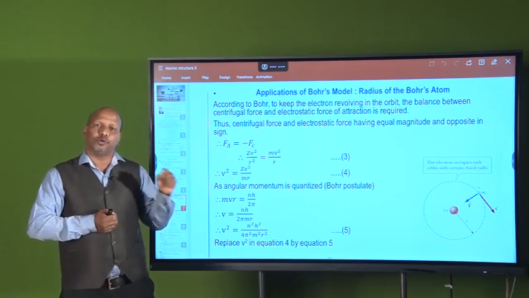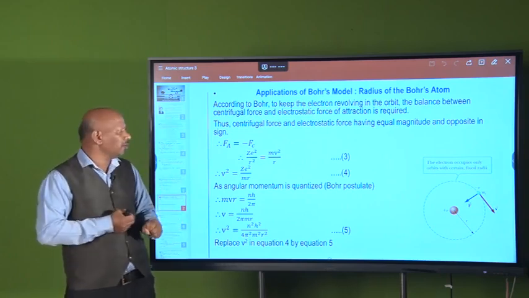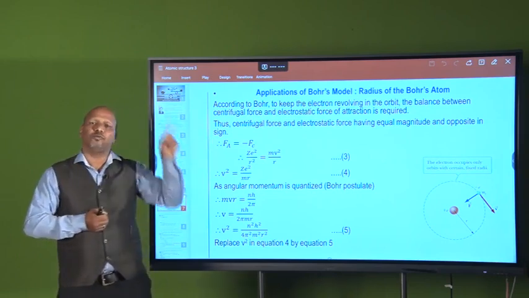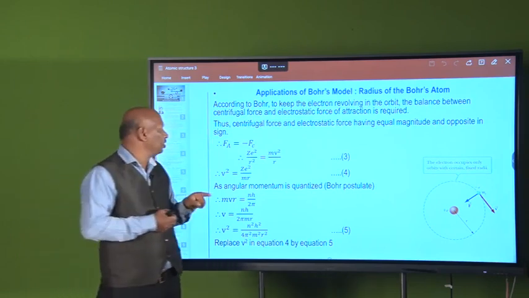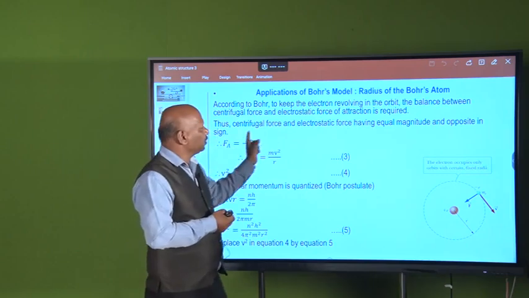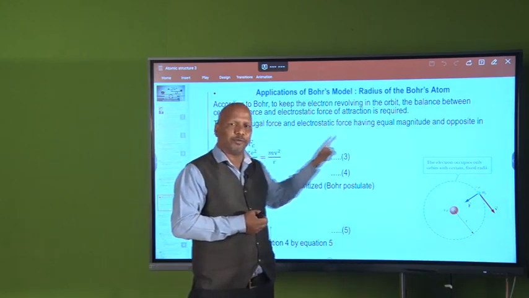Only then can we say the electron moves in that particular orbit.